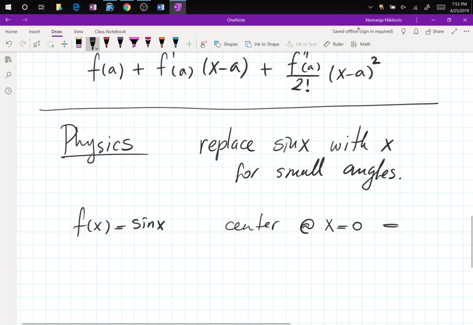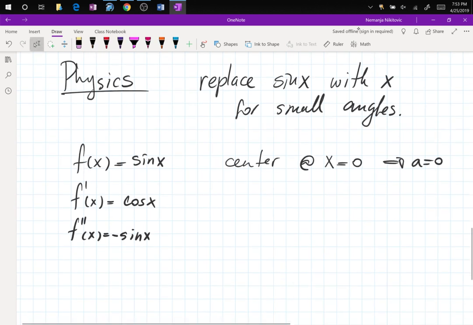So that means your a is 0. All right. So I need few derivatives. F prime is cosine x. F double prime is negative sine x. F triple prime is going to be negative cosine x. And let's do the fourth derivative. That will give us sine x back. In loops.